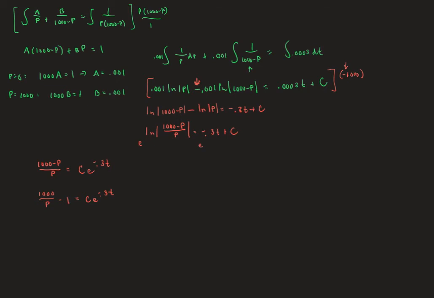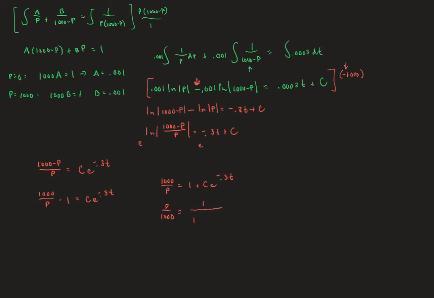Then we can add that 1 to the other side, so we're going to get 1,000 over p is equal to 1 plus c e to the negative 0.3 t. Now I'm going to take the reciprocal of both sides. So on the left side, because that's just a single fraction, we can just get p over 1,000. Now on the right side, because of that addition, we cannot take the reciprocal of each of those separately.